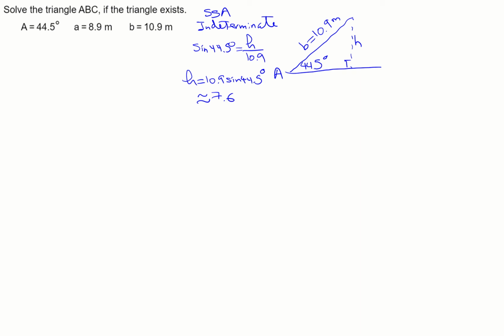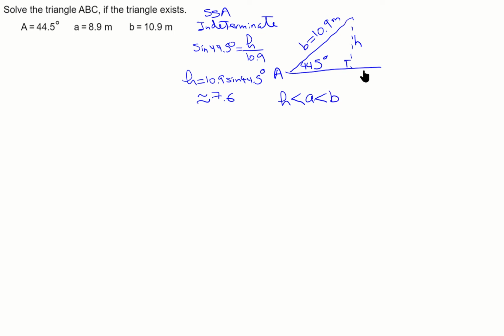Now, that means that the value of h here is less than the value of a, which is 8.9, which is also less than the value of b.